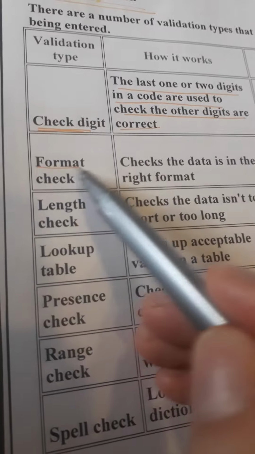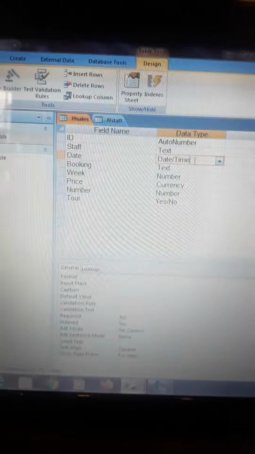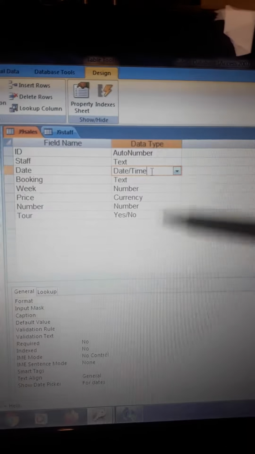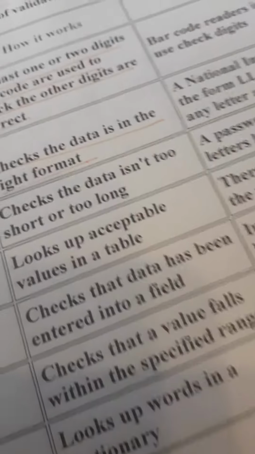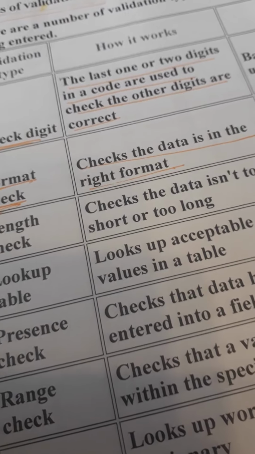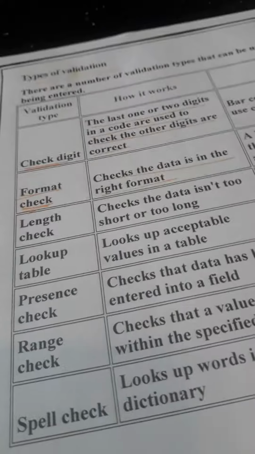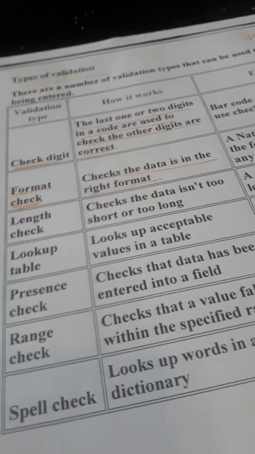Okay, the format check. Format check is like the data type here. The data type is a format check. It checks the data is in the right format, like the national insurance numbers and so on. I don't care about the examples as much as I care about what it is.